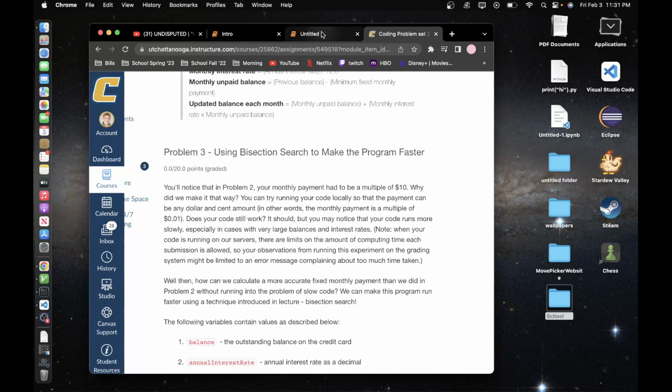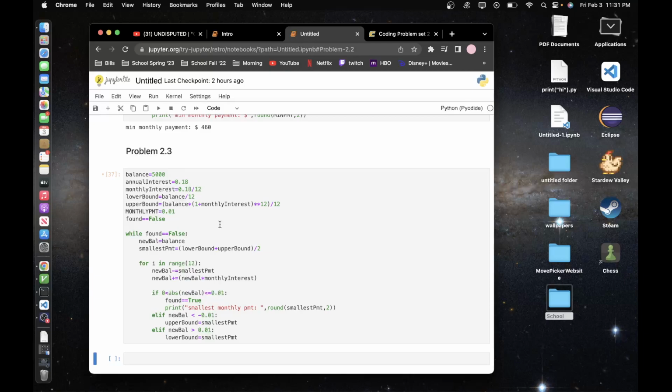Maybe it's because of the upper and lower bounds. Maybe because of the upper and lower bounds, it's running through an infinite loop and it's not stopping. Wait.